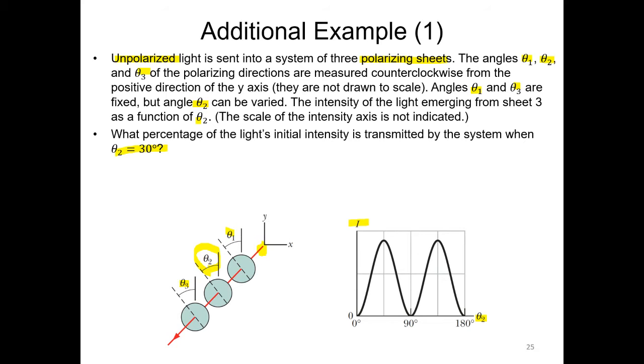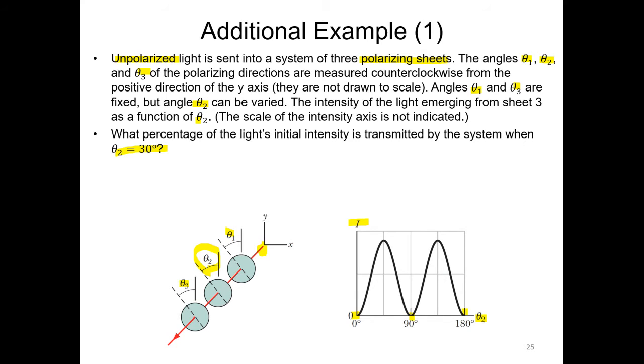We can observe that if theta 2 is 0 degrees, 90 degrees, or 180 degrees, the intensity is 0, which means that sheet 2 is perpendicular to either of the other sheets at those angles.